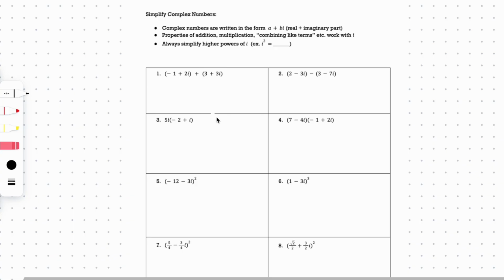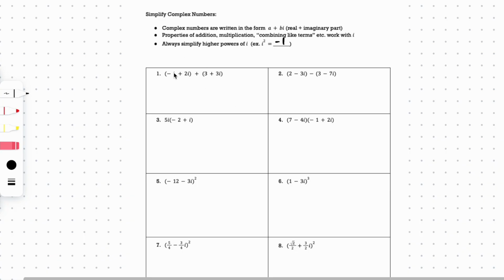And also, throughout this entire page, we're going to work on addition and multiplication of terms including I. And we also want to always simplify higher powers of I. So if we have I squared, that's equal to -1. And we like having a negative sign out in front rather than saying I squared.